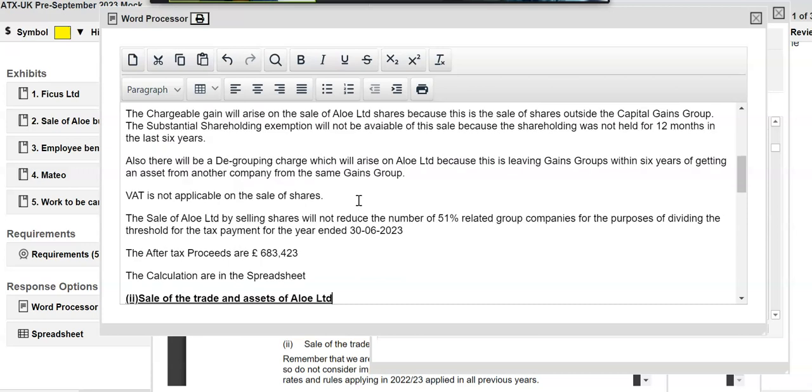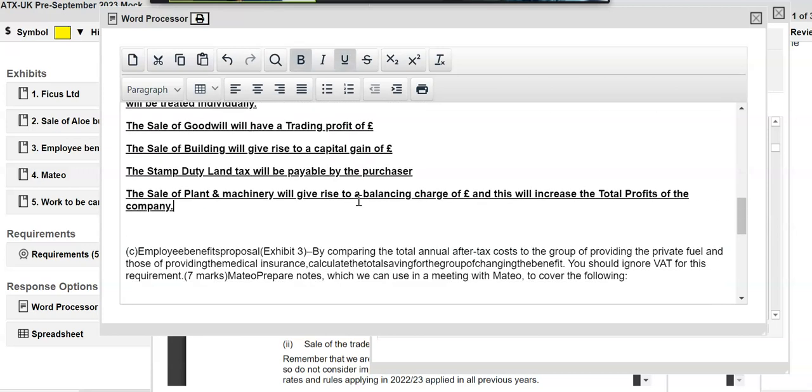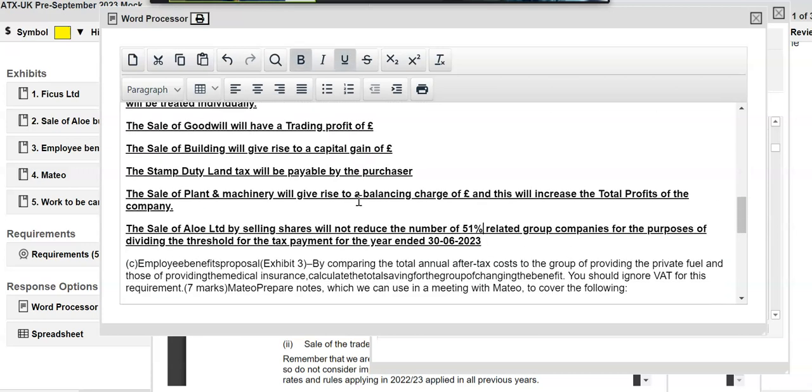But I will copy this and paste it here, and here I write that the sale of law by selling trade and assets will reduce the number of 51% group companies for the purpose of corporation tax payment. So that's it.